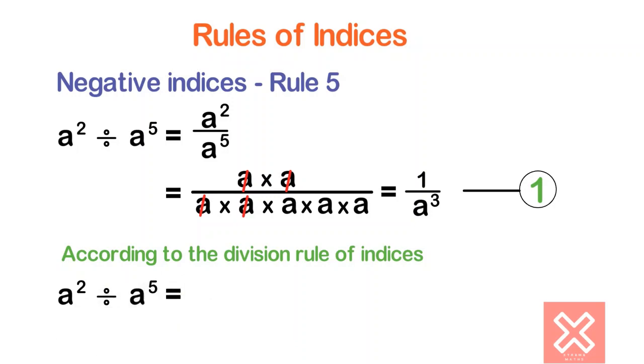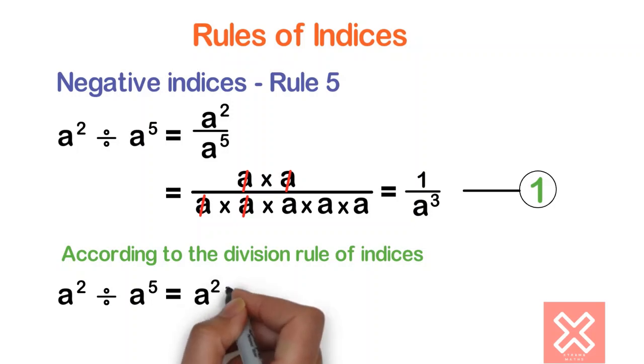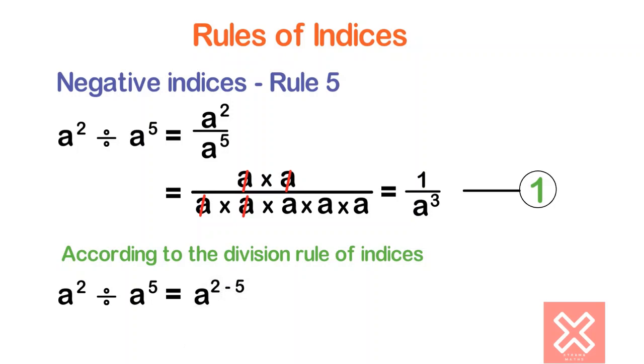Let's remind ourselves of the indices division rule. When powers with the same base are divided, the index of the divisor is subtracted from the index of the dividend. The base remains the same, right? Here the index is 2, then subtract 5 from this 2.